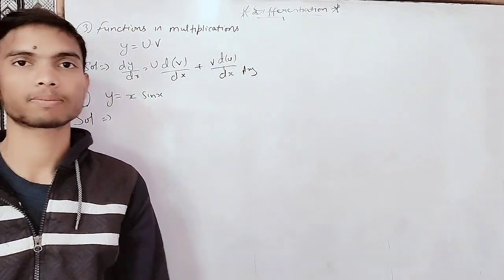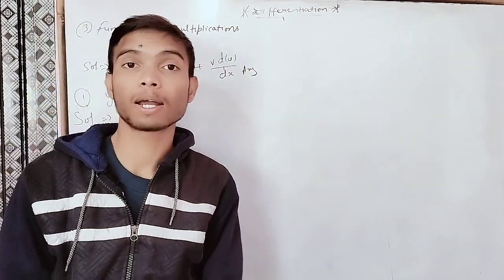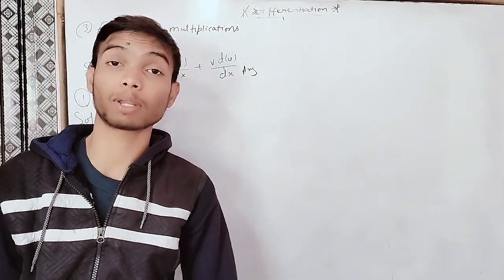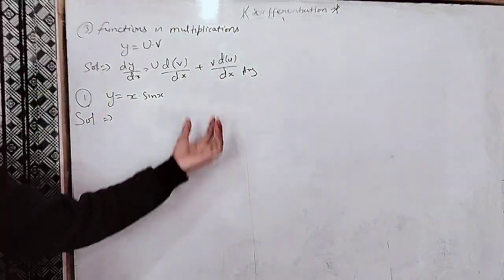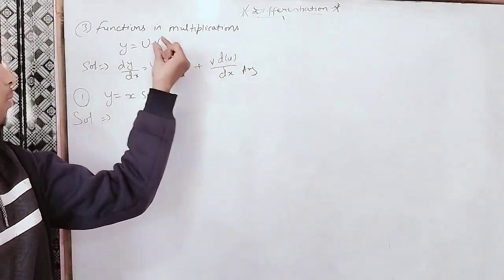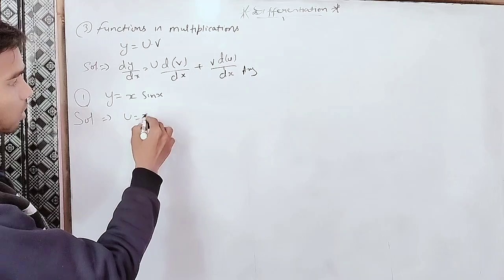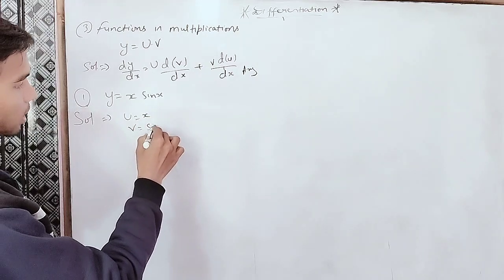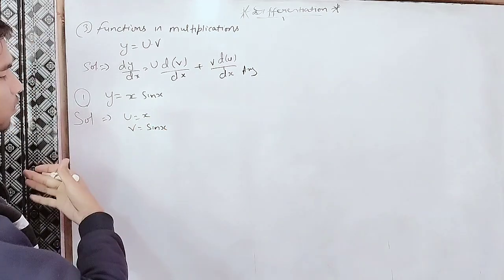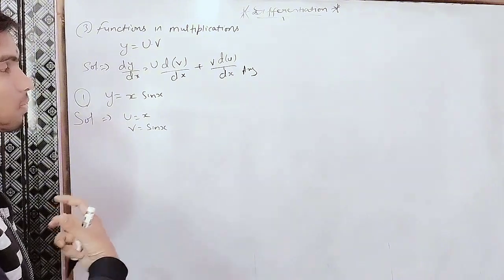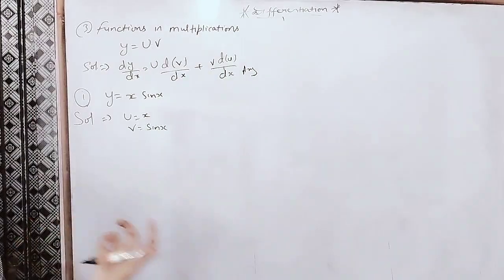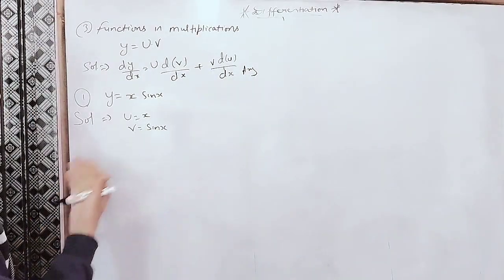This is a rule: the functions are in multiplication. And this is the formula. So we have u is x, v is sin x. This is very simple, very basic to write in this way.